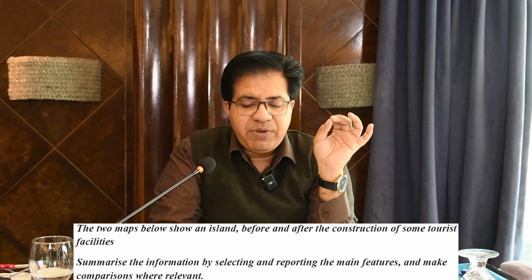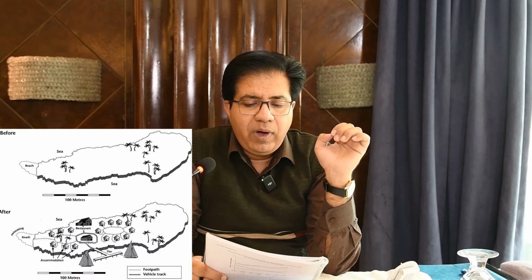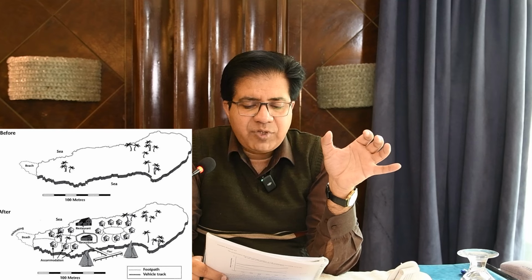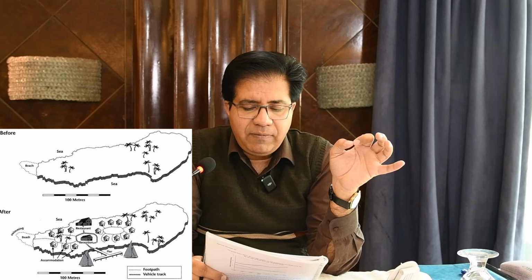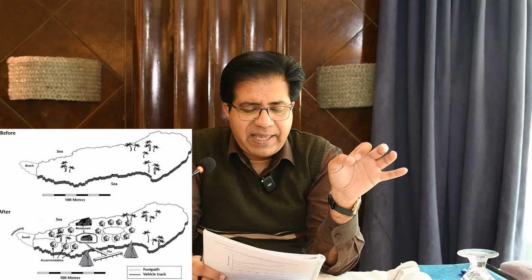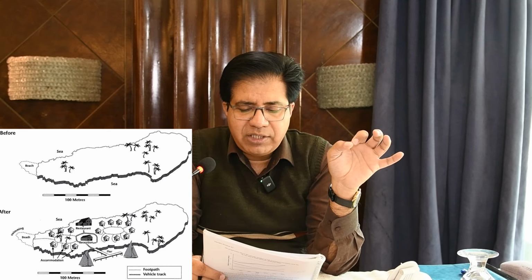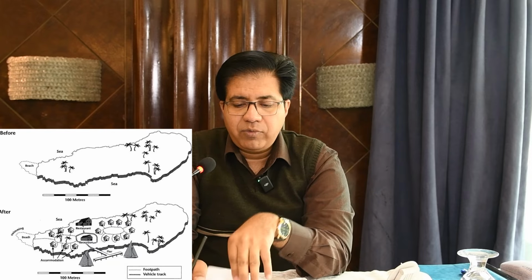Now if you see before, there is no facility there. There is only sea, one beach, some palm trees, right? And if you take a look at after, you can see they have footpath, vehicle track, restaurant, reception, accommodation, and all that stuff, right? Now this is what we are going to write about.